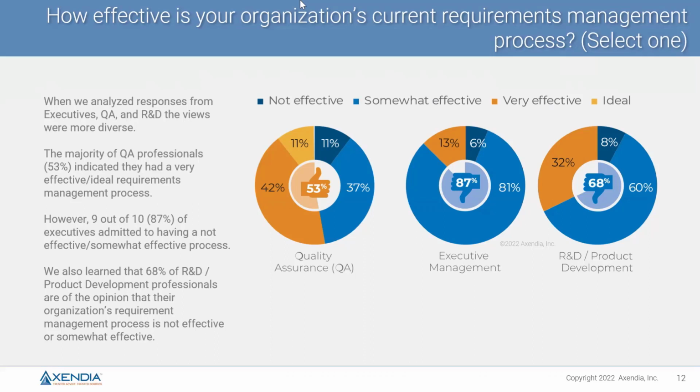So if you know that there's a problem, we really need to do something to incentivize these folks to make the necessary change and get to that very effective or ideal state. Even on the R&D and product development side, the same holds true, with 68% of those professionals saying that their organization's process is somewhat effective or not effective.